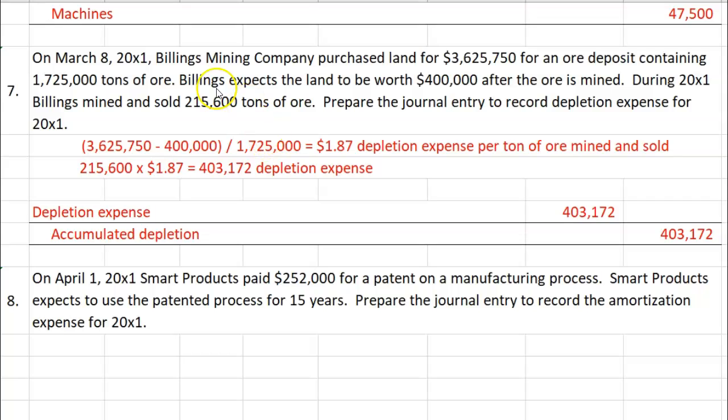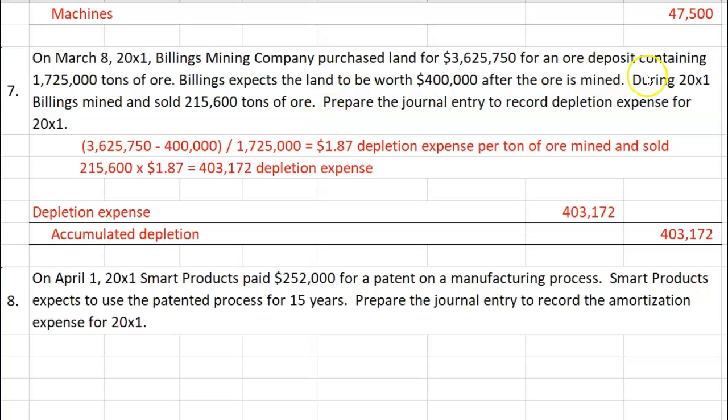In this case, we are estimating 1,725,000 tons of ore in this land. So $3,625,750 minus $400,000 salvage value divided by 1,725,000 tons of ore equals depletion expense of $1.87 per ton of ore that is mined and sold.